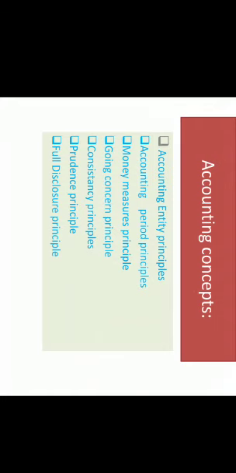Basically, accounting concepts are the fundamental ideas, also called basic assumptions in theory and practice of accounting, whereas accounting conventions are the customs and practices which have been in force for a long period.